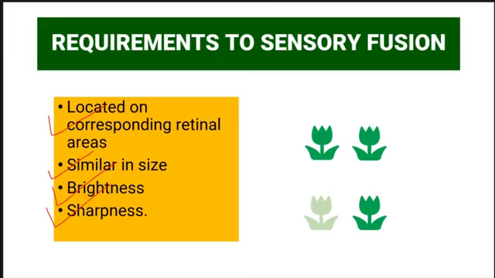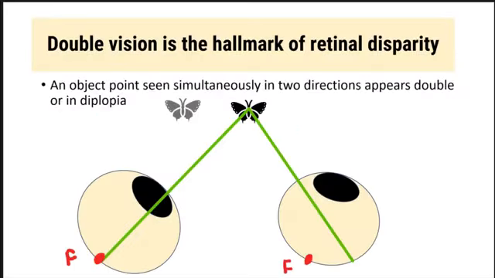Whenever unequal images are formed, they act as severe sensory obstacles to fusion. As a matter of fact, sometimes the obstacle to fusion becomes an etiology for the development of squint, and therefore it is very important that these images are formed on corresponding points. They should have similar shape, similar color, brightness and sharpness for sensory fusion to occur. And remember, sensory fusion occurs at the level of the brain.